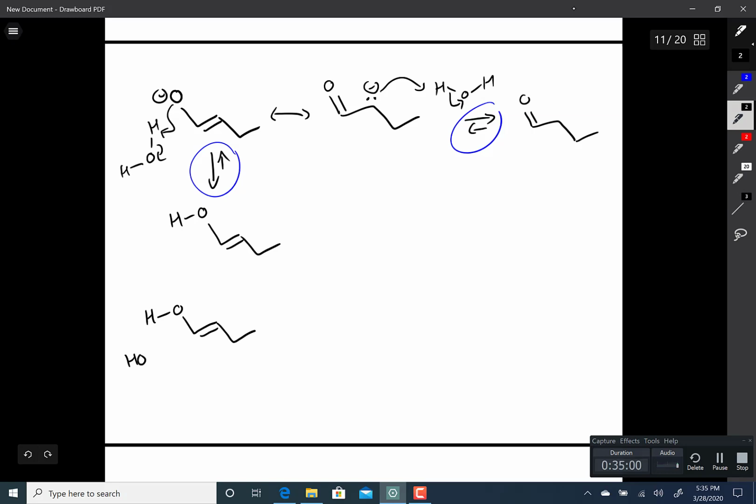So take the backwards reaction. OH- takes this proton off. It's an O-.